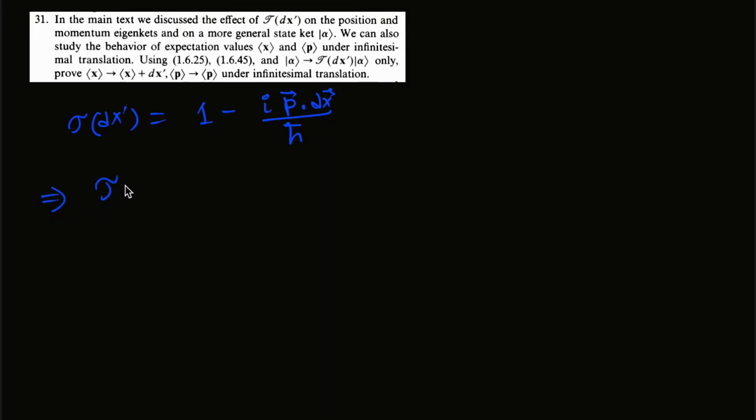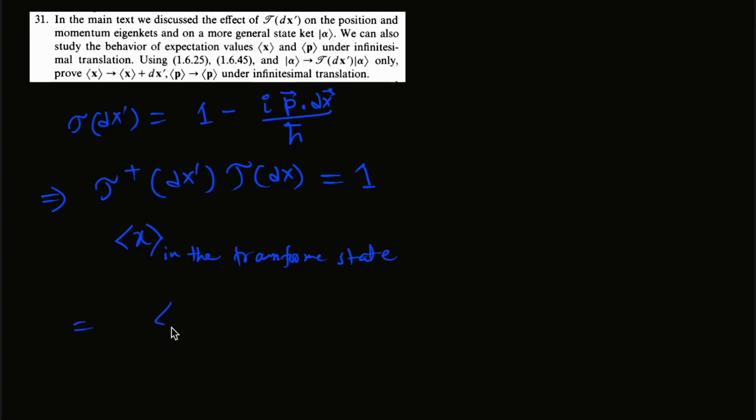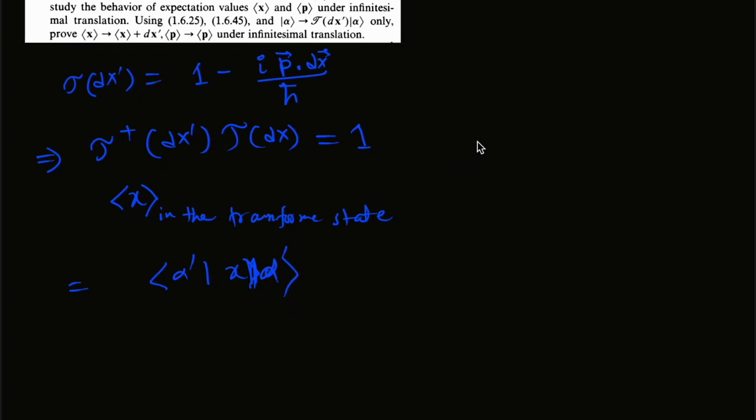And we also know that tau dagger dx prime tau dx is equal to 1. Now let us check the expectation value of x in the transformed state. That means alpha prime x alpha prime, and we know that alpha prime is equal to tau alpha.